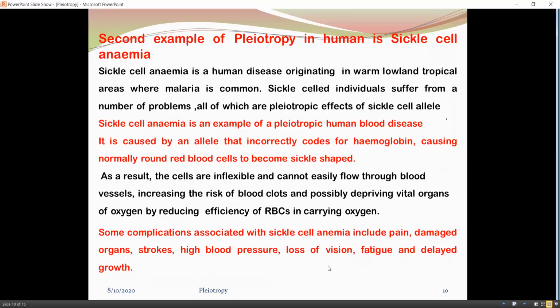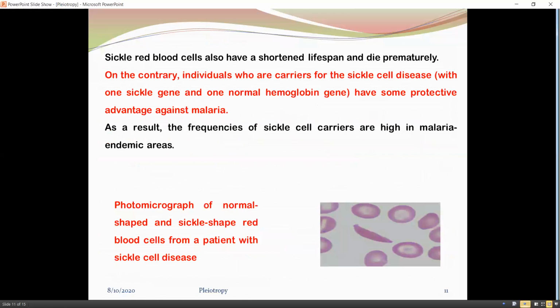Some complications associated with sickle cell anemia include pain, damaged organs, strokes, high blood pressure, loss of vision, fatigue, and delayed growth. Sickle red blood cells also have a shortened lifespan and die prematurely.